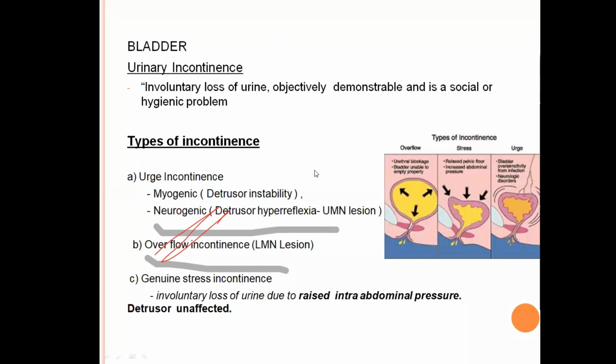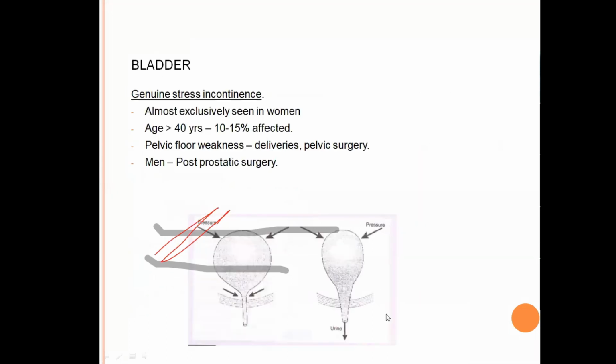So how do you make a clinical diagnosis? Very simple. The involuntary loss of urine occurs only when there is a raised intra-abdominal pressure, not when a person is quietly sitting or lying down. So almost exclusively it is seen in women because the pelvic floor is damaged due to repeated deliveries, which fortunately is not occurring nowadays. In the olden days, they had 6 children, 8 children, forceps delivery and all that, so perineal tear.